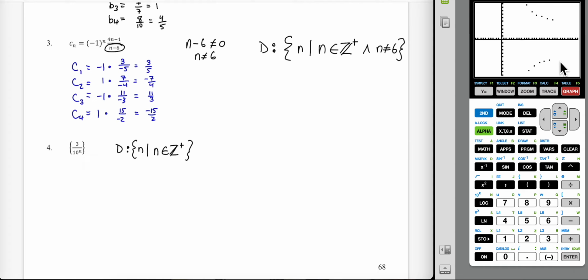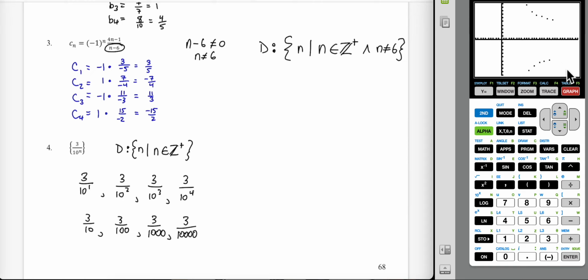It's just given in the bracket form. So I would just write it as 3 over 10 to the first, comma 3 over 10 to the second, comma 3 over 10 to the third, comma 3 over 10 to the fourth. So 3/10, 3 100ths, 3 1,000ths, and 3 10,000ths.